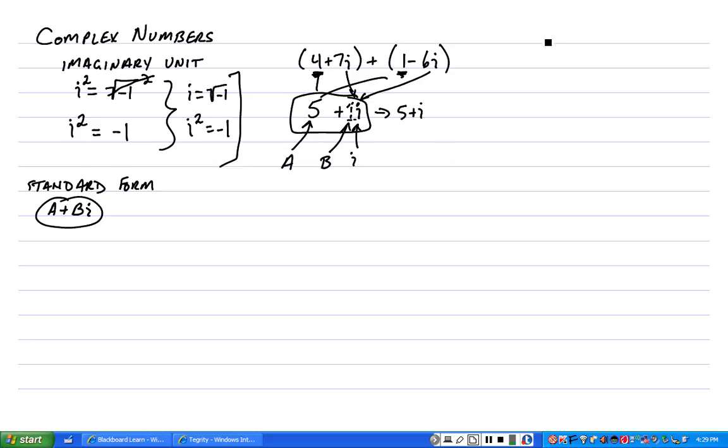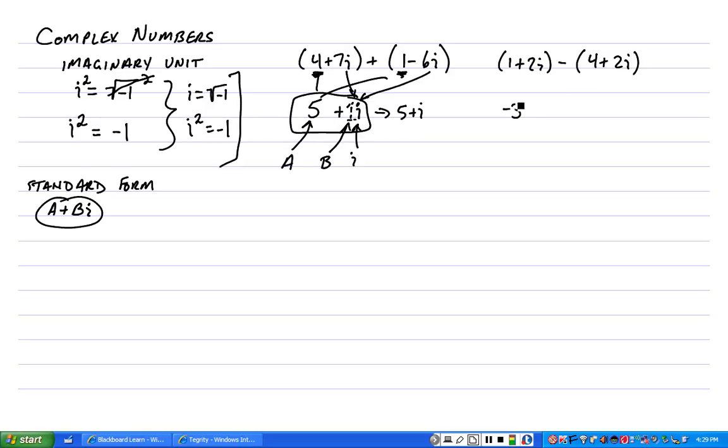An example of subtraction. Let's say we had (1 + 2i) - (4 + 2i). 1 minus 4 gives me a negative 3. 2i minus 2i gives me 0i.